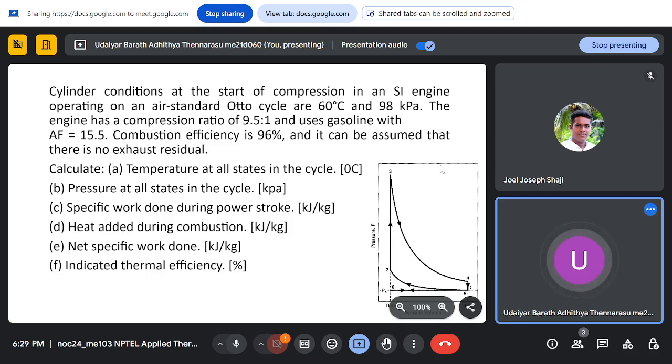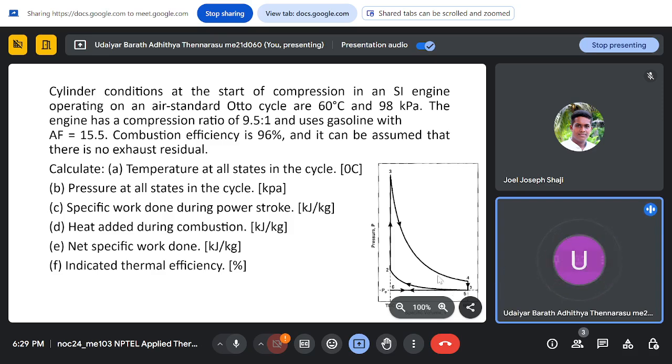So we'll go one by one. To find the temperatures we have to solve all of the 4 processes. So in this case we will solve only 1, 2, 3, 4. We will neglect the 5, 6 process, which is intake and exhaust. As I also told in the previous MCQ which we saw, we are assuming this as a closed cycle.